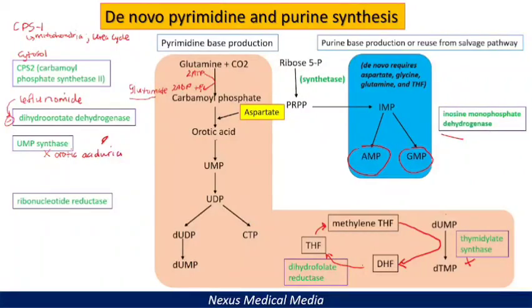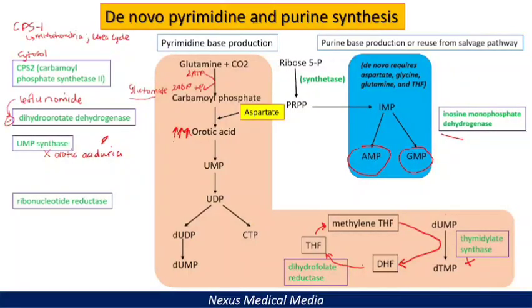It means if you can't convert orotic acid to UMP, you have high levels of orotic acid. So you find this orotic acid in urine, called orotic aciduria.